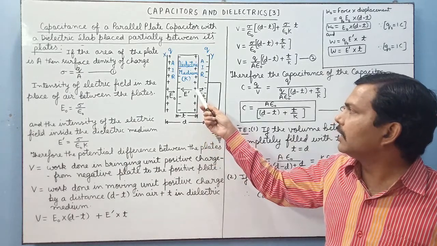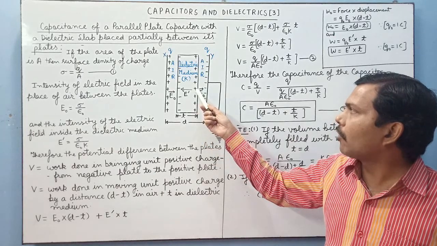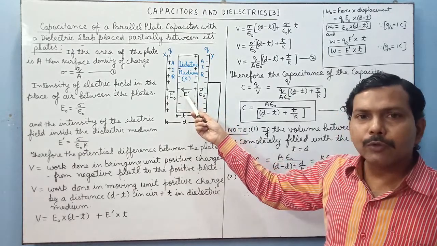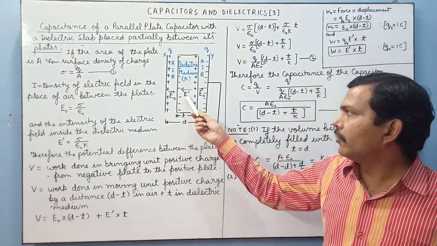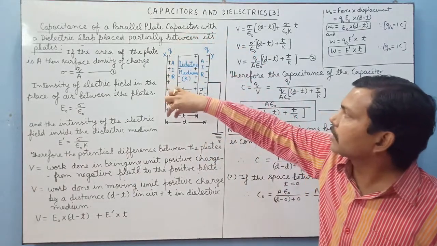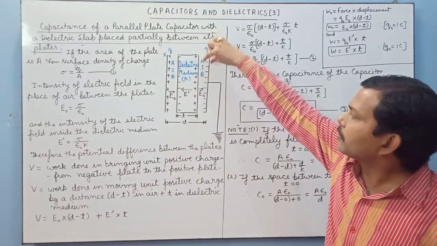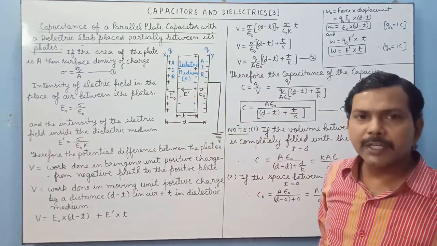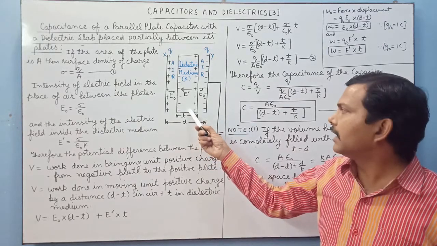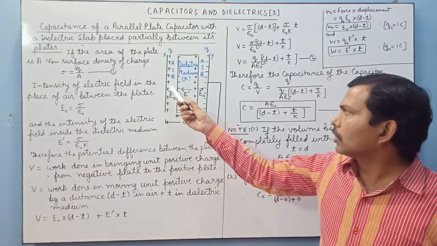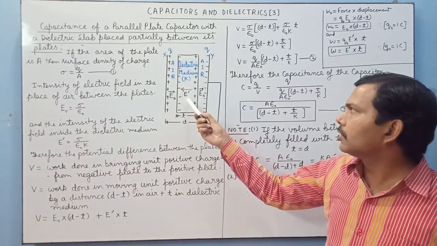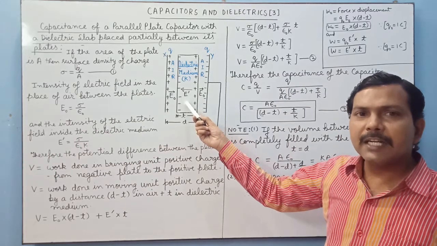So an electric field inside the dielectric develops from this side to this side, in the direction opposite to the external electric field. Here this is the space having air, and this is also a space having air, because the dielectric is placed partially between the plates.